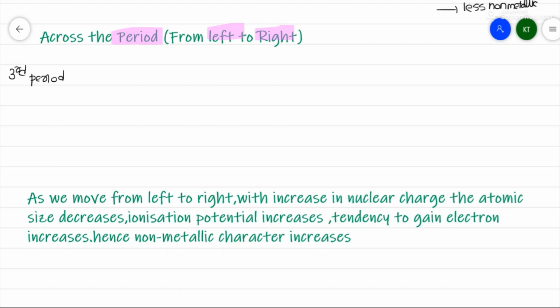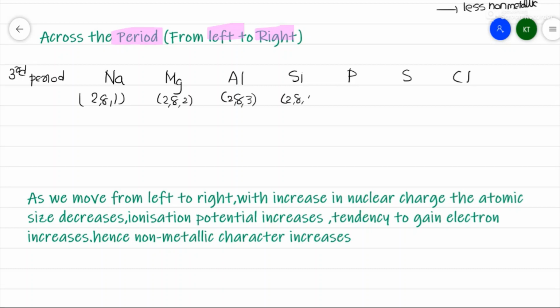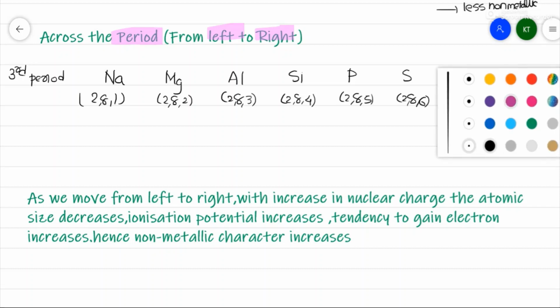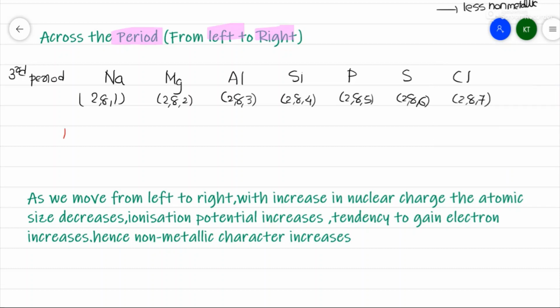I have elements like sodium, magnesium, aluminium, silicon, phosphorus, sulfur and chlorine. Sodium 2, 8, 1, magnesium 2, 8, 2, aluminium 2, 8, 3, 2, 8, 4, 2, 8, 5, 2, 8, 6, 2, 8, 7.